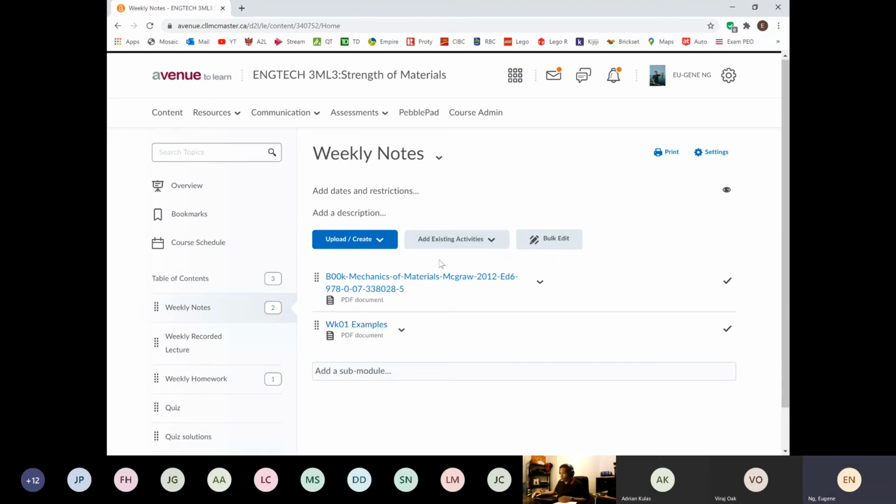Then the course textbook. The course textbook that I'm going to use is Beer and Johnson, and here it is. It's a 2012 edition. You have 24 hours to download this. After that, I'm going to stop posting it because this is illegal, because it's a course textbook.